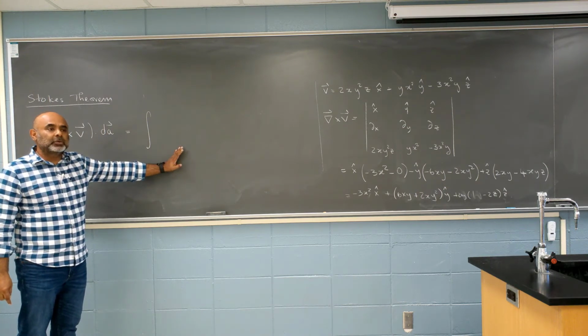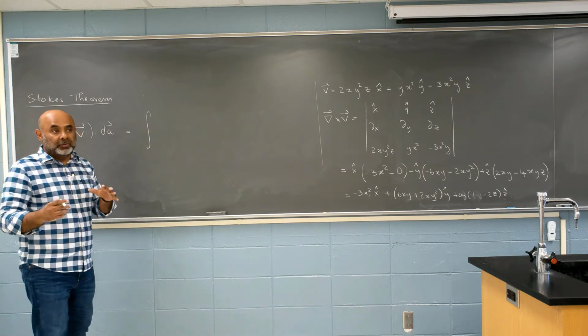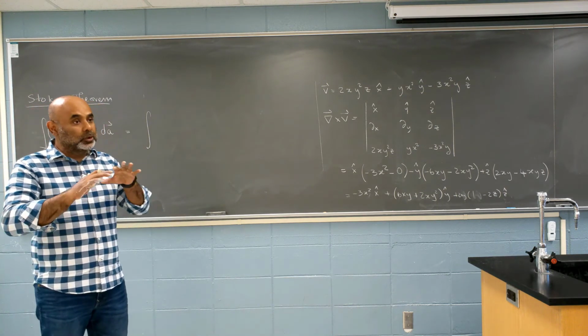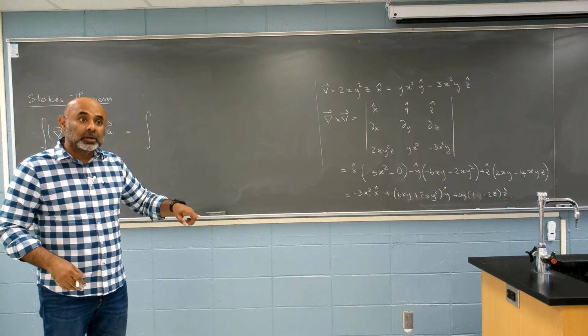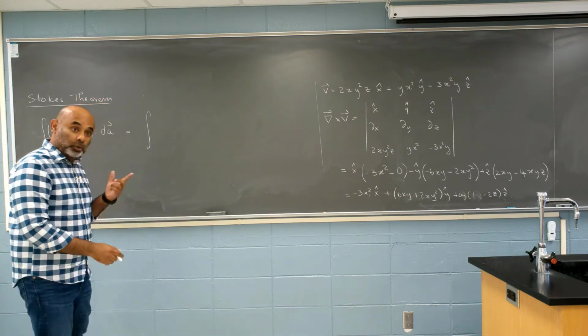What is the boundary of a two-dimensional surface? Boundary of a three-dimensional volume is a two-dimensional surface. Boundary of a two-dimensional surface is a one-dimensional closed curve.